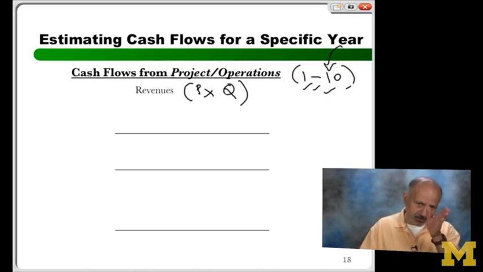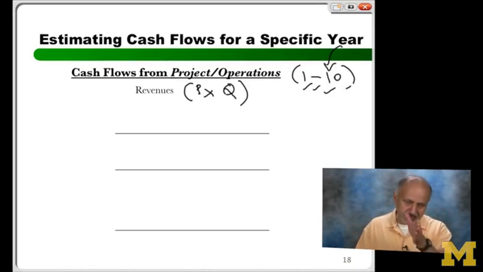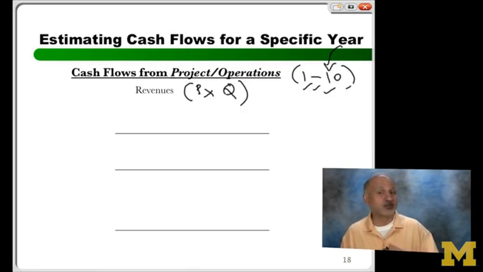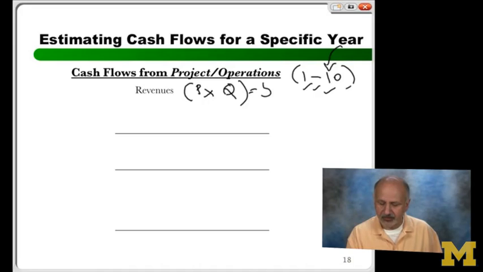The price is the market price determined by the marketplace for your commodity or your service, right? It could be anything. It's the willingness of people to pay is the price, and your quantity is determined by, again, the demand. Okay? So this is easy, and I'm going to, for time being, assume that's $5 million.